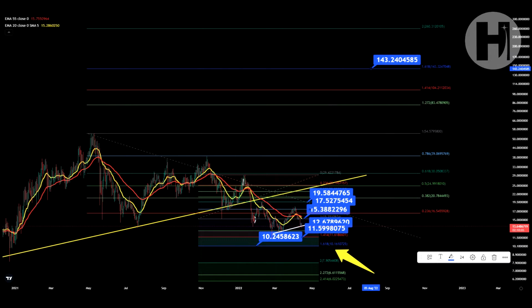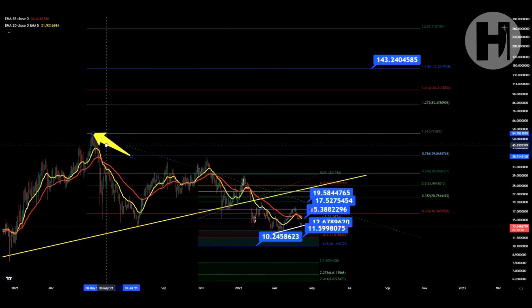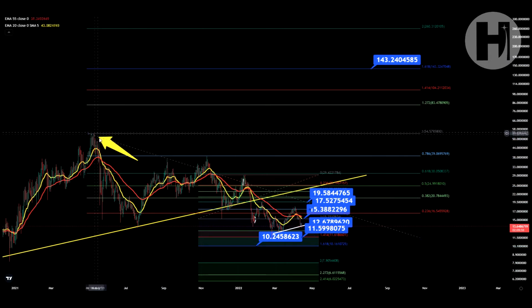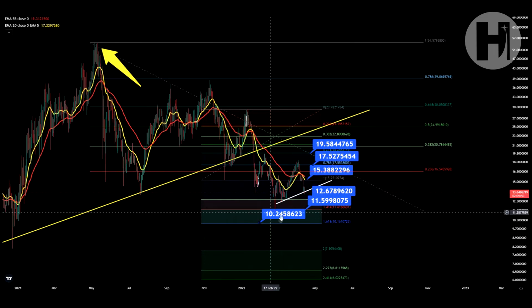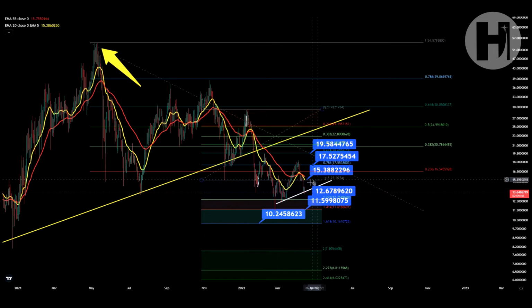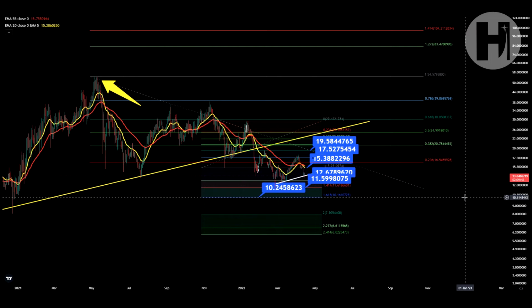So after you start breaking the first fib level of this large fib retracement, you're going to be looking at the 1.618, just like you're targeting the 1.618 over here to the downside, because you've lost the first fib level. There are a lot of price tags over here. I do apologize. Hopefully it's not too distracting.